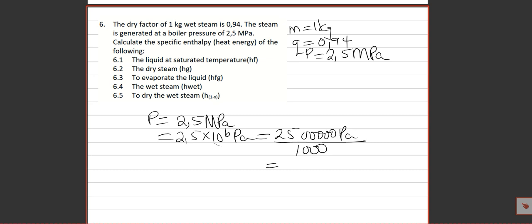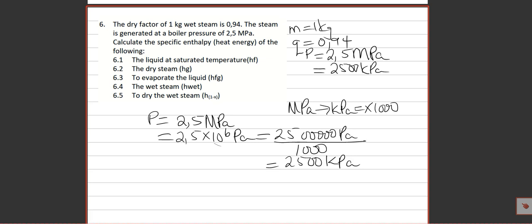Then I still get 2500 kilopascal. This is long division. Like we were saying, our shortcut to convert from megapascal to kilopascal is to just multiply that value by 1000. So here we have 2500 kilopascal.